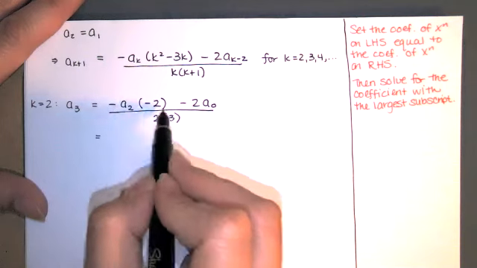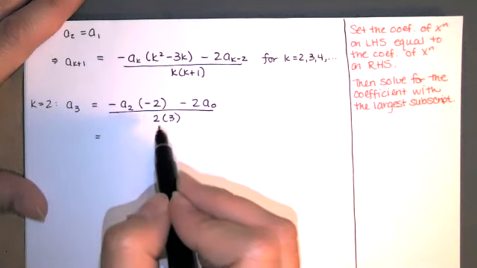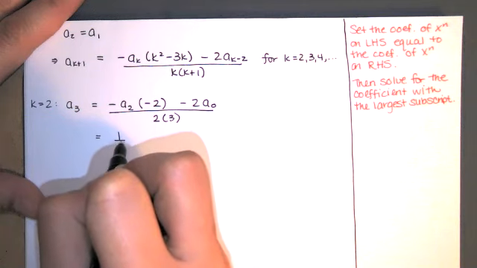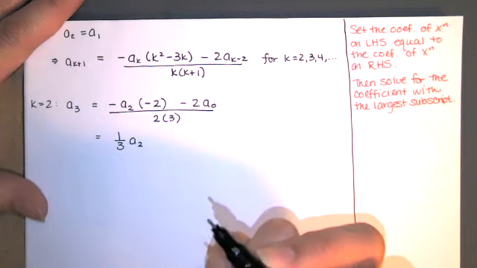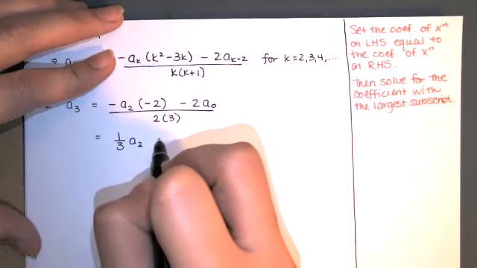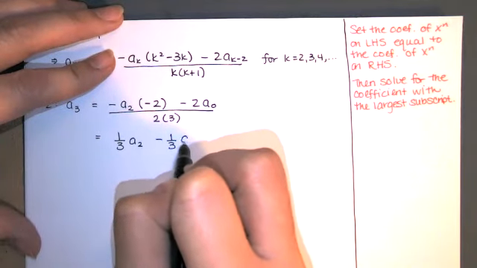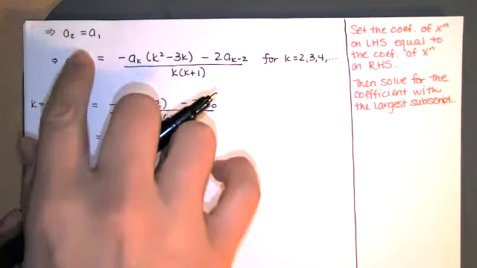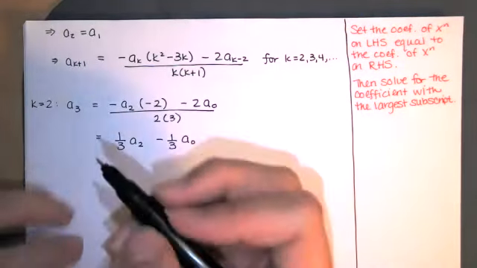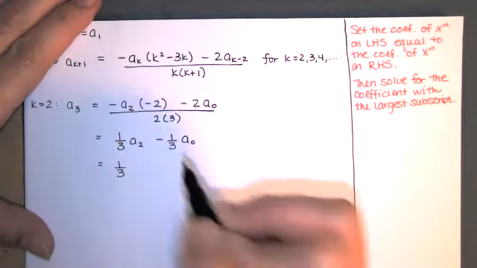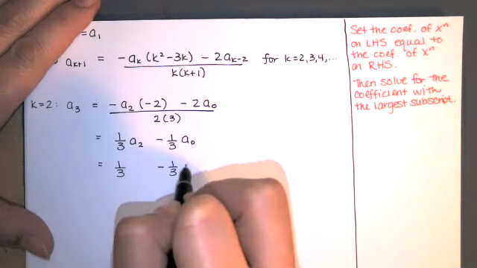So we end up with a negative 2 times a sub 2 over 6, or a positive 1/3 times a sub 2 there. And then over here, the 2's are going to reduce, and we'll have minus 1/3 times a sub 0. But we already know that a sub 2 is equal to a sub 1 from that earlier equation. So a sub 3 can be written in terms of a sub 0 and a sub 1 this way.